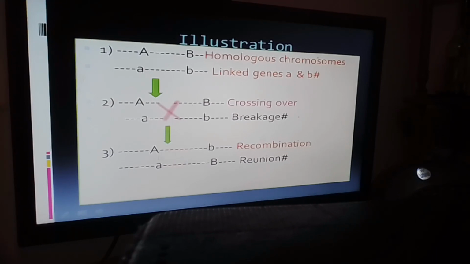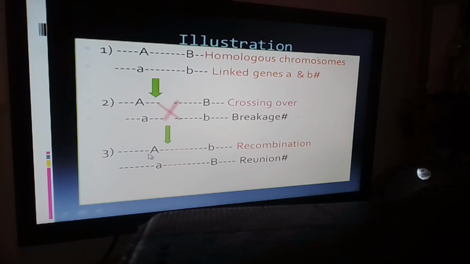And here you see this third diagram: capital A after the reunion will have small b as its linked gene. So capital A and small b are the linked genes after the crossing over and the reunion. Similarly, small a will have its linkage with capital B, and they may be called linked genes.